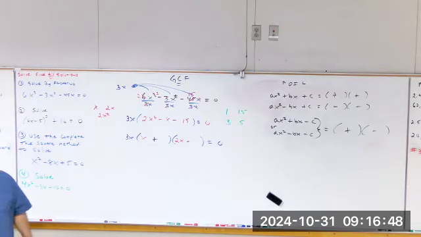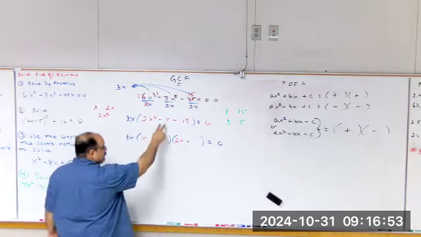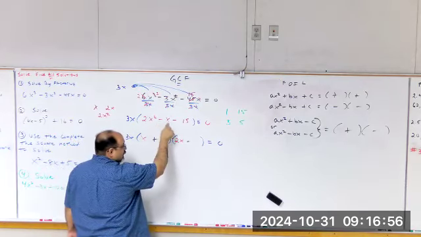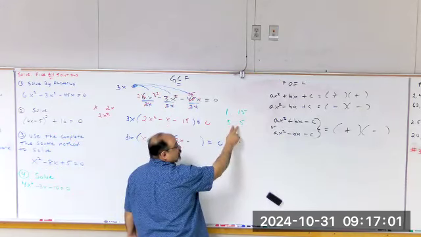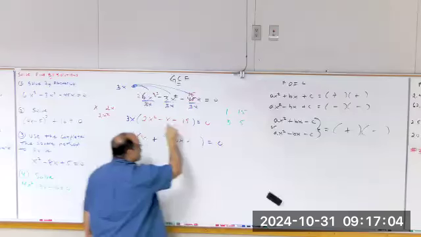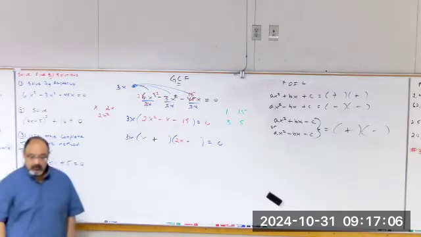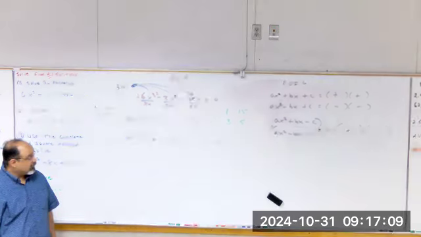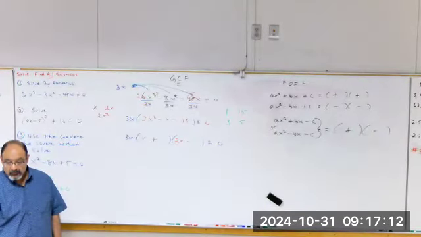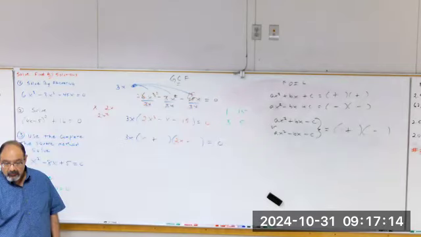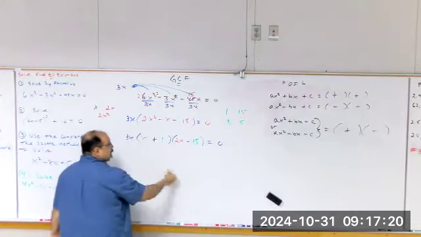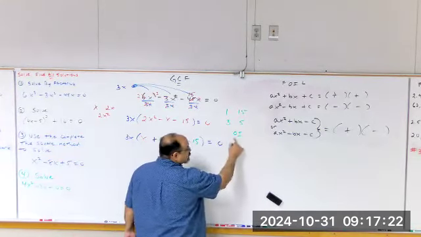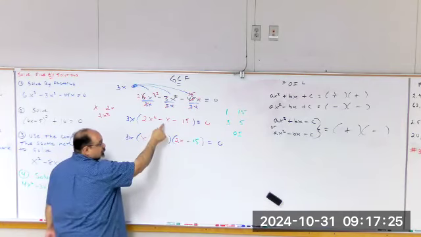But now I'm going to make an educated guess. In the middle, I want -1x. So somehow I'm going to pick either one of these to start with. Which one do you think has the best chance of making -1 in the middle? The 1 and 15 or the 3 and 5? 1 and 15? So if I go 1 and a 15, then you check the OI, outside, outside, inside, inside, and we want -1 in the middle.